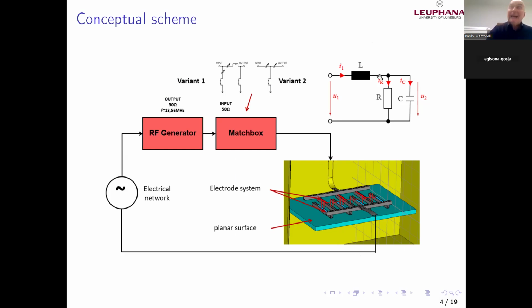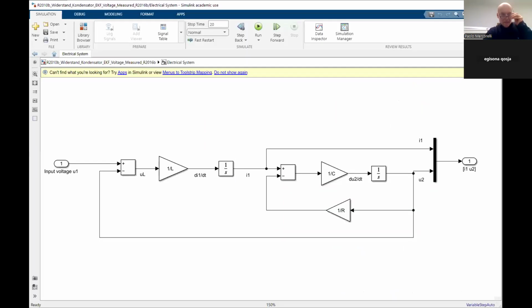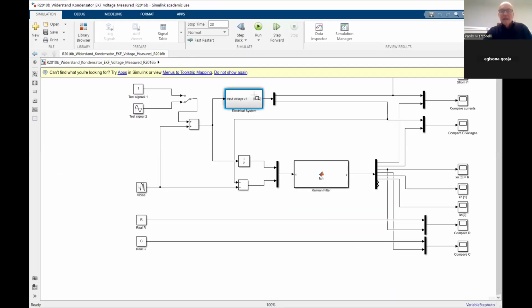And practically, in the application, what we did is we replaced this with the real system, and we give voltage to the circuit, and with our microcontroller, with a computer, we measure the input, U1.